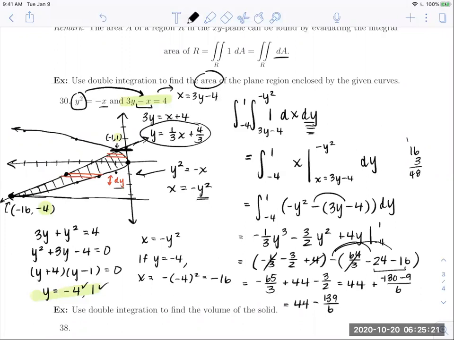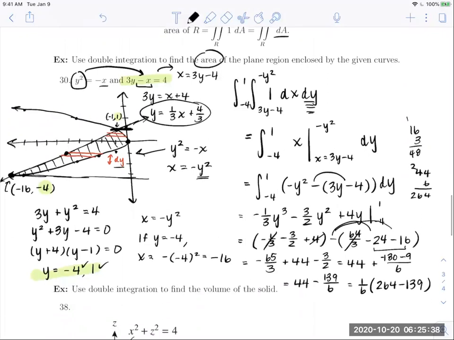And so that's going to be, let's see, 44 times 6, 24, carry the 2, 24, 26. 264 minus 139, which is going to give me a total here of 125 over 6. All right, so there's my final answer, but I would have given you full credit right here at this point, even if you just didn't want to carry out the arithmetic.